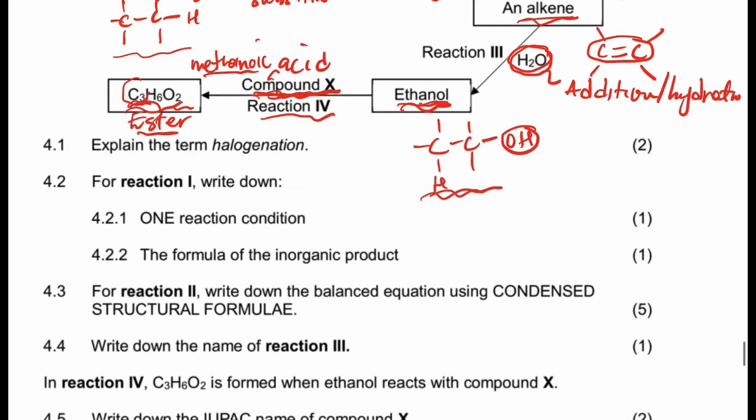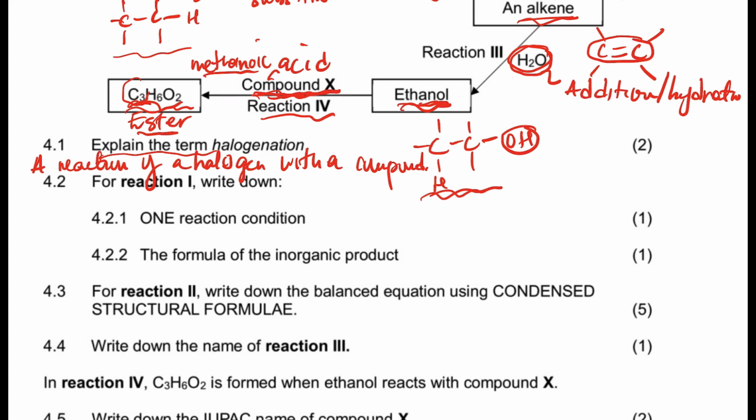Alright, let's answer the questions. Explain the term halogenation. Halogenation, guys, is a reaction of a halogen with a compound. It's there in the exam guideline, but it's rare to ask these questions.